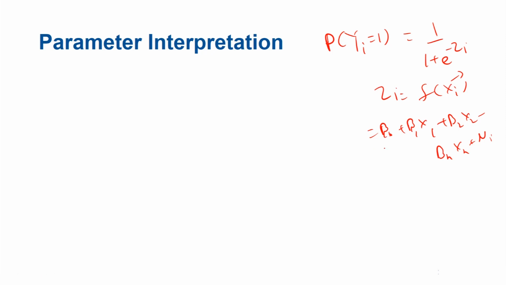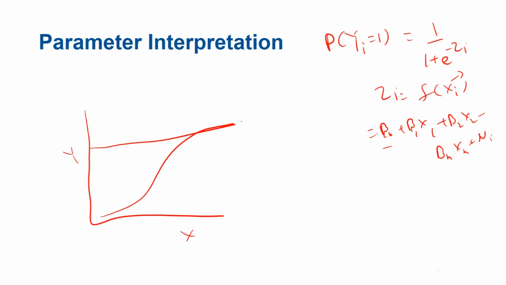So recall, this is the form of function which was non-linear in nature, and its behavior on the xy axis is captured like this, like an S curve where the limiting cases are 1 and 0. On the left side the limiting case is 0, and on the right side the limiting case is 1.